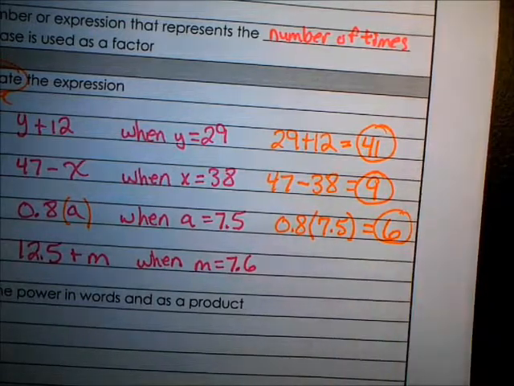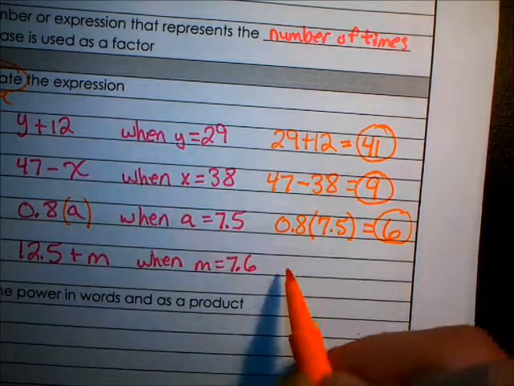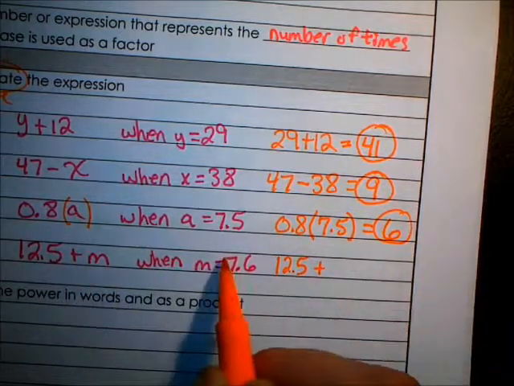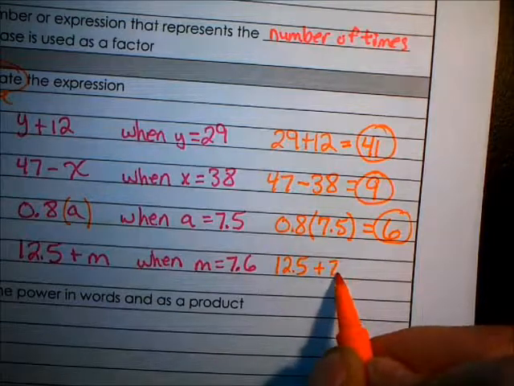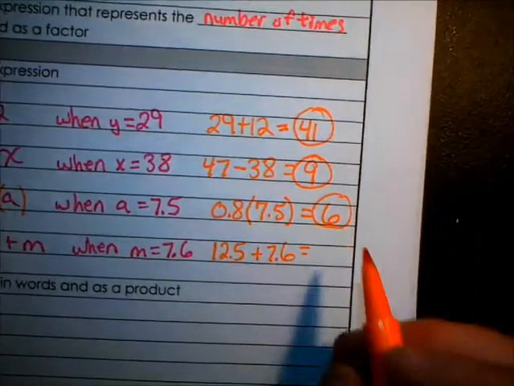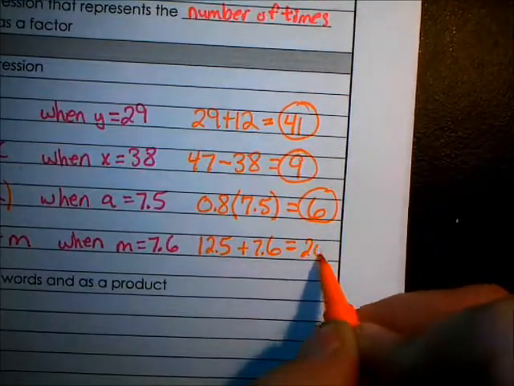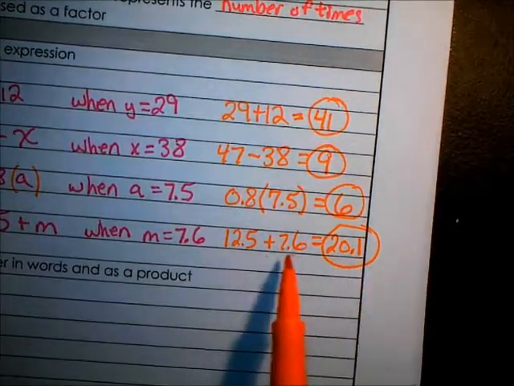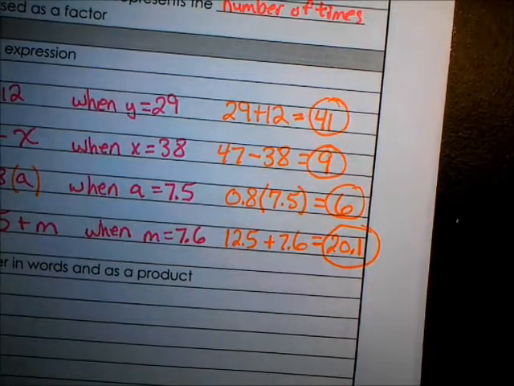That surprised me. On D, I have 12.5 plus, and this time the m is going to be 7.6. If I type it in, I come out with a decimal answer. 20.1 is my answer, and it's okay to have the decimal because my problem had decimals as well.